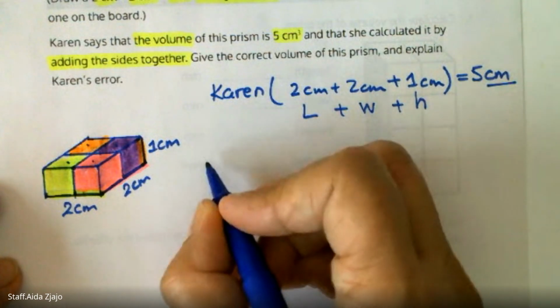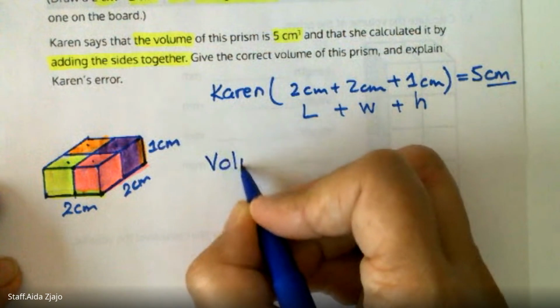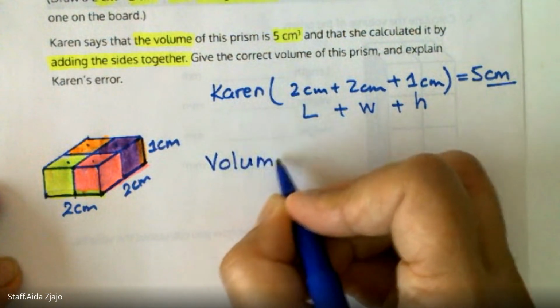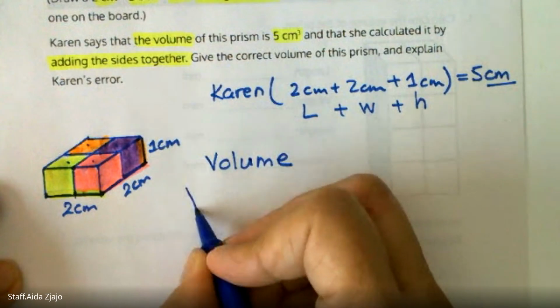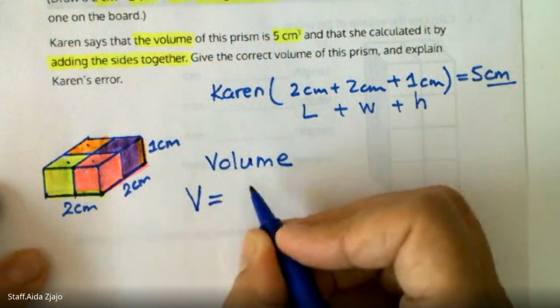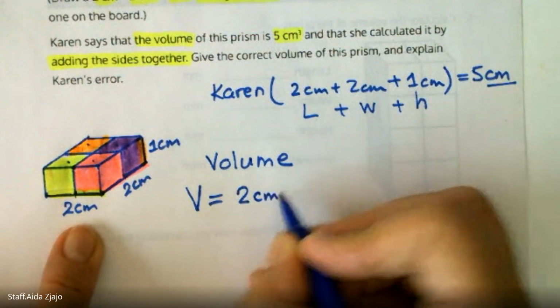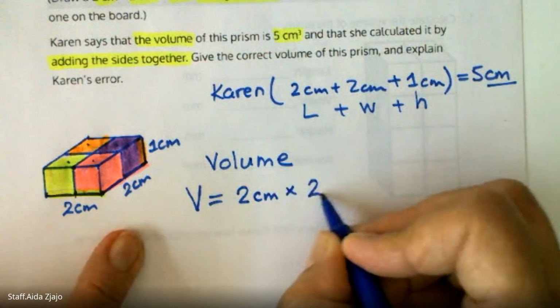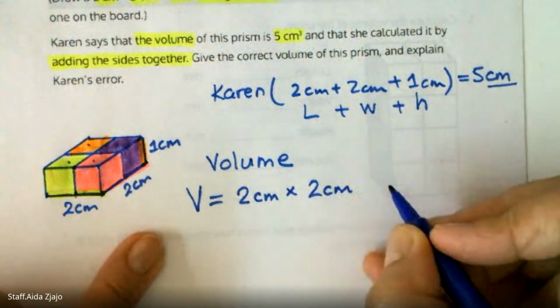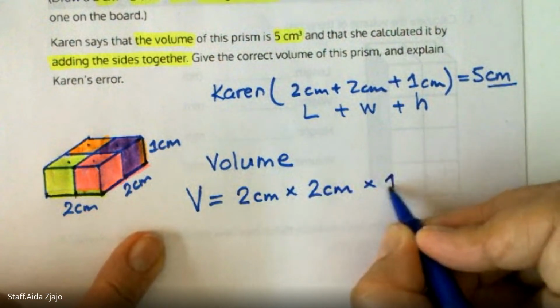While if you are finding a volume, you are going to multiply 2 centimeters times 2 centimeters times 1 centimeter.